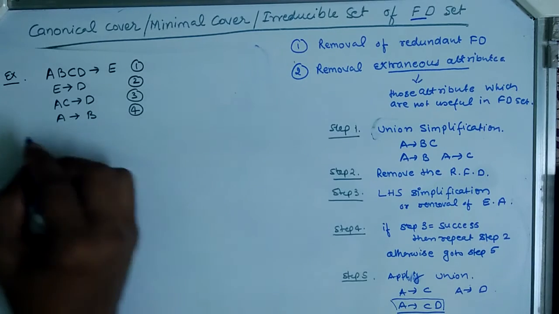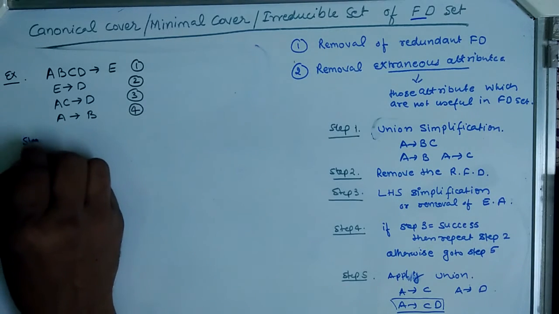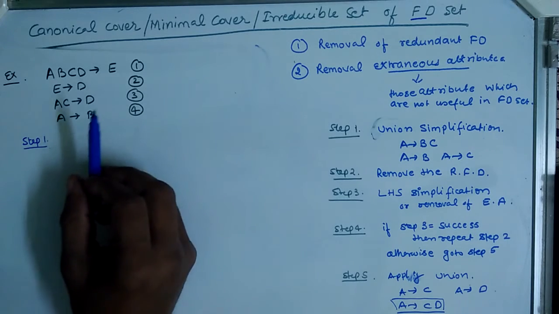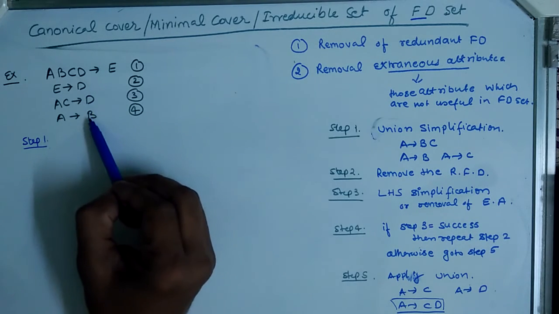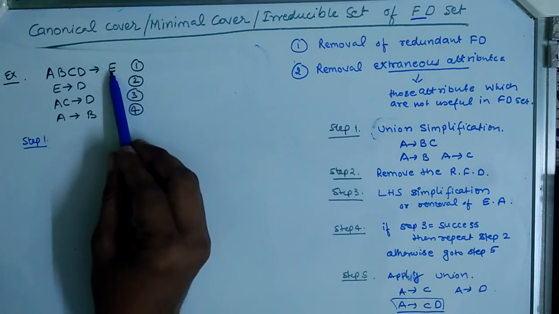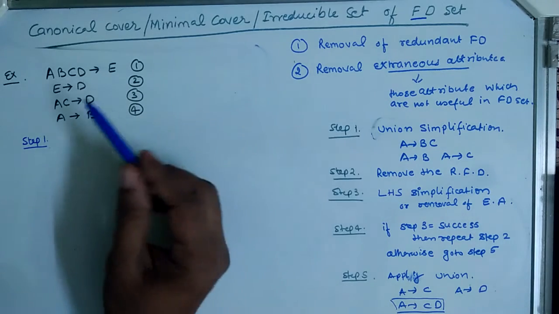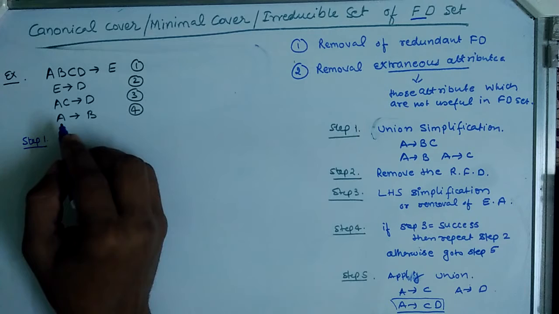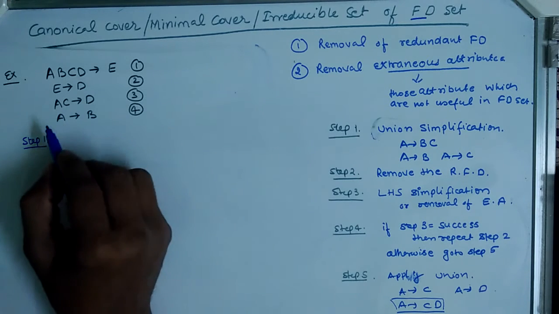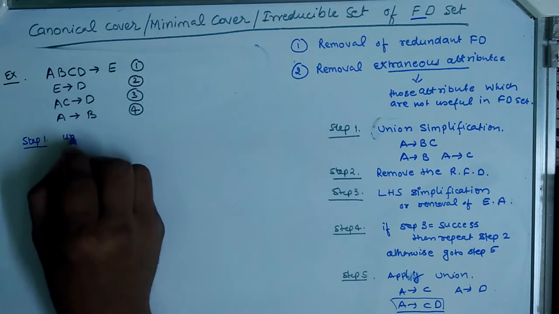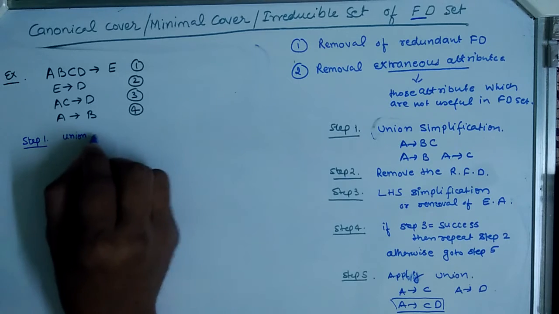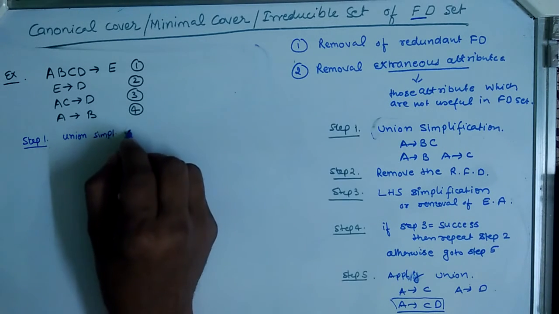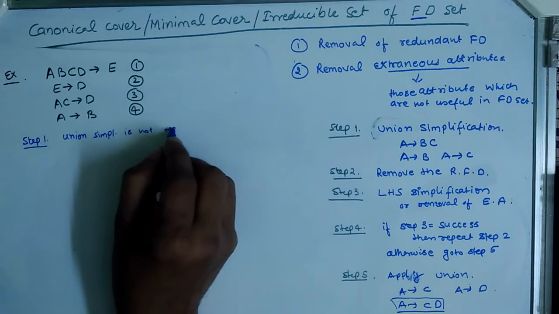Step 1 is union simplification. Union simplification only applies when the RHS side of the functional dependencies contains more than one attribute. Because all RHS sides contain only one attribute, union simplification is not required here.